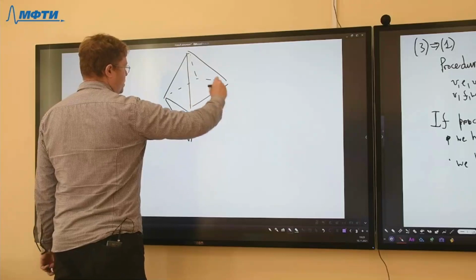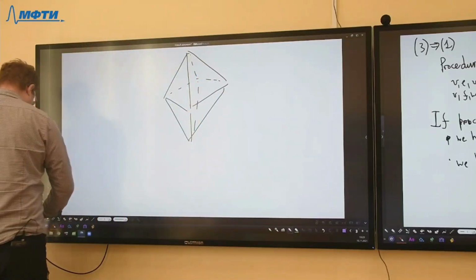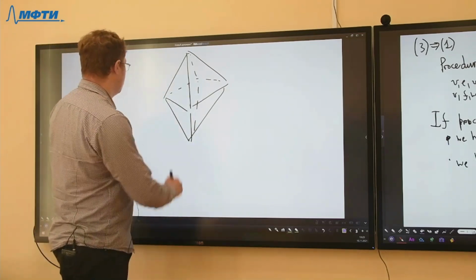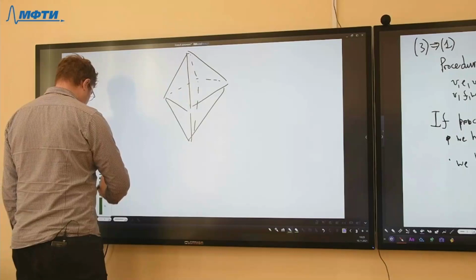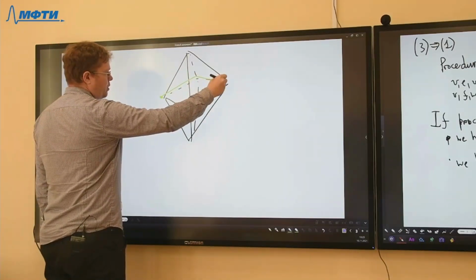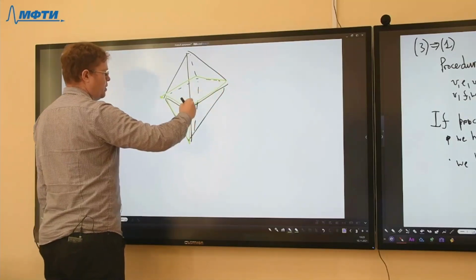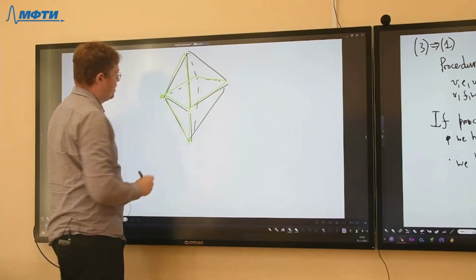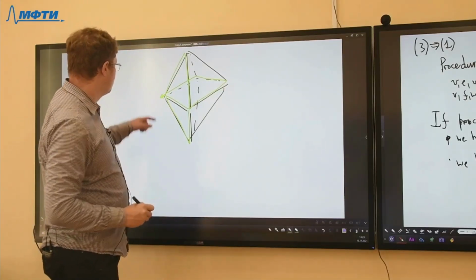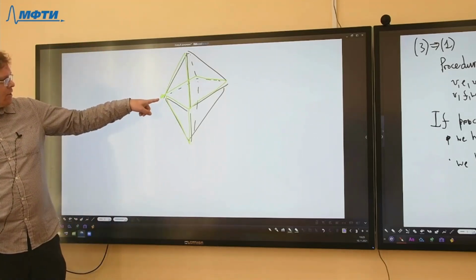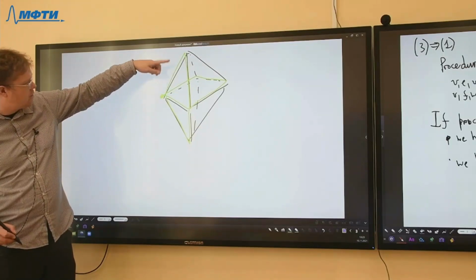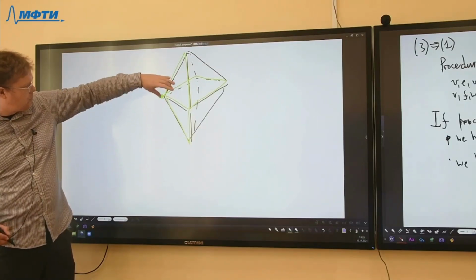So for example, when I was talking about the octahedron, if I start from this vertex, then I can do the following. I can go through this vertex and then this path, and I just walk through all the edges that neighbor this vertex. So I have 1, 2, 3, all 4 of these edges.